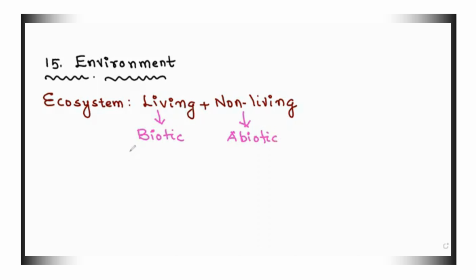So what are the major biotic components of an ecosystem? Animals, plants, etc. belong to the biotic components of an environment or ecosystem. Whereas the abiotic components are soil, temperature, rainfall, etc., which are non-living but influence the environment.